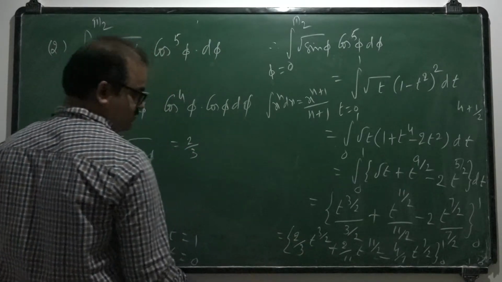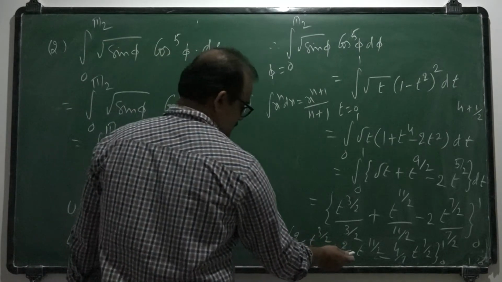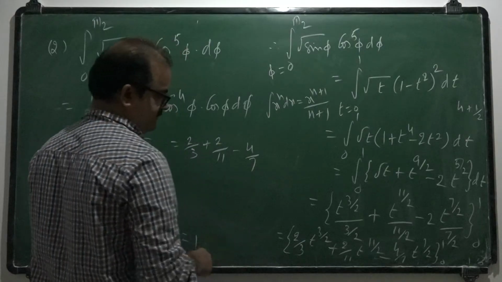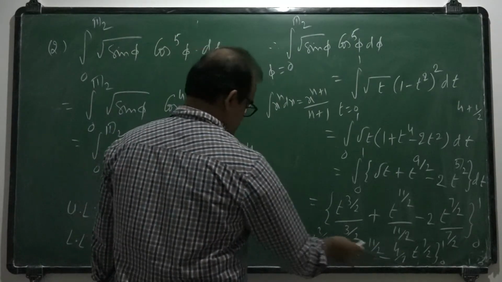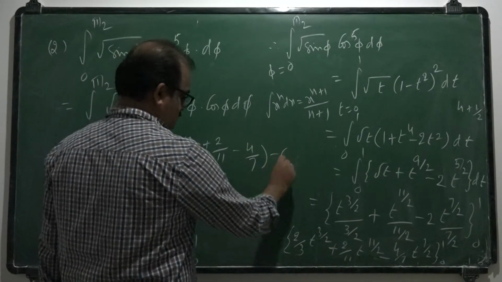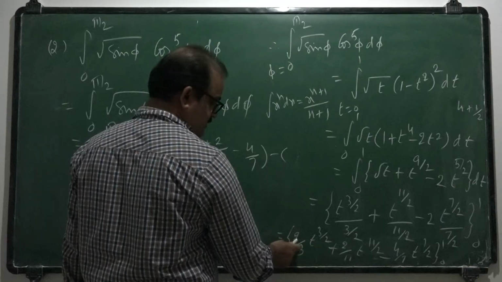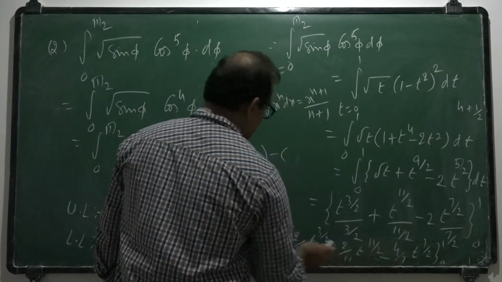One power anything is 1, plus 2 by 11, minus 4 by 7. Next, take the lower limit 0. 0 power anything is 0, 0 into anything is 0, here also 0, here also 0.